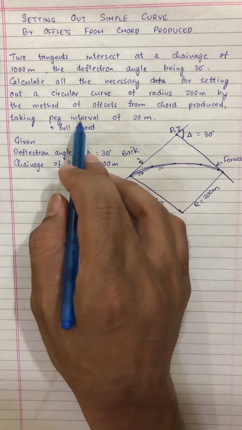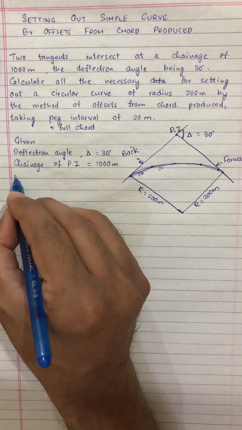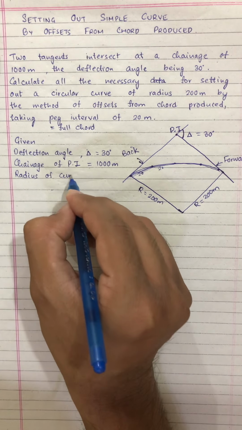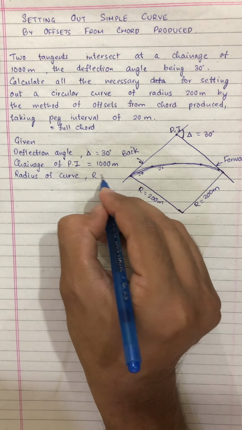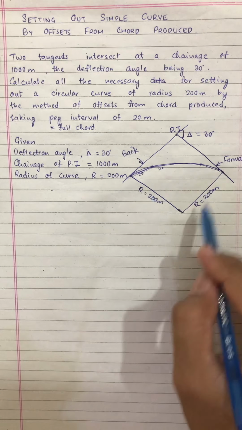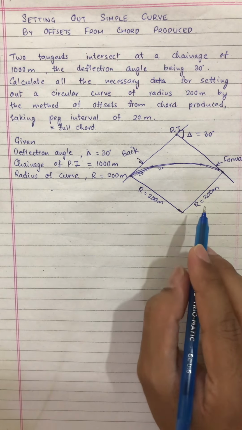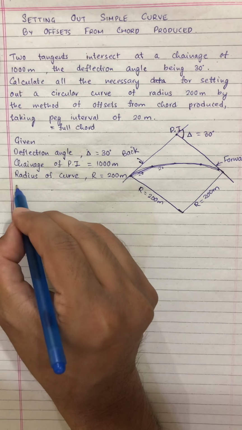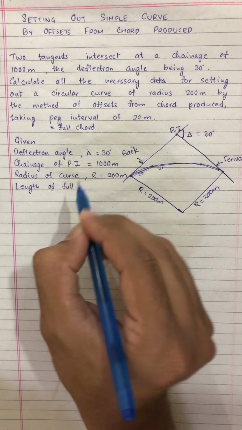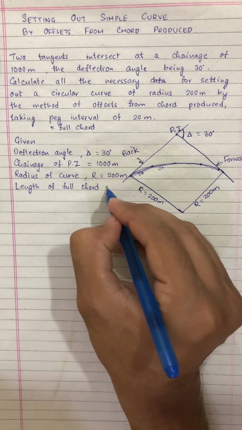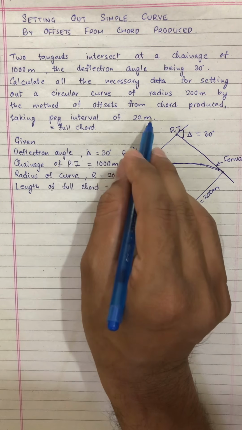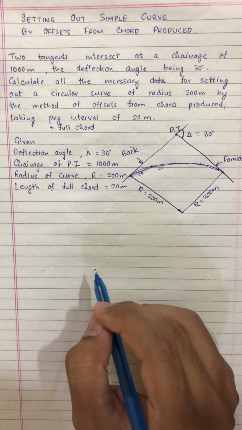Also the radius of curve R is given as 200 meters. And also the length of full chord, the peg interval equal to full chord itself, is given as 20 meters.